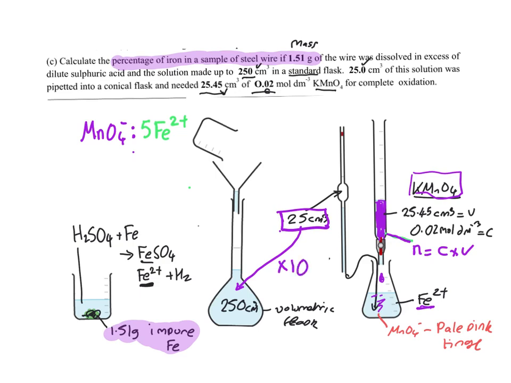And since we know the ratio of manganate to iron, we now know the number of moles of manganate in 250, and what we can now do is scale that up 5 times. And now we know the number of moles of iron, we can find the mass. Let's do that step by step.